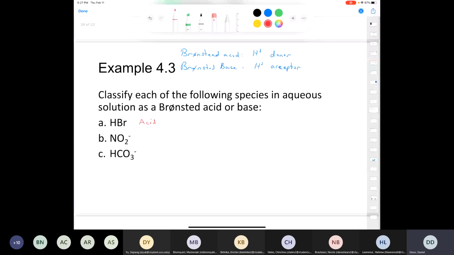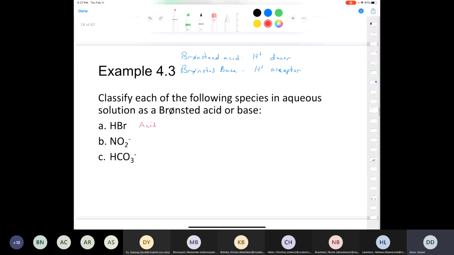Could anybody name this anion over here? NO2 minus? Could anybody name that anion? Nitrogen dioxide?